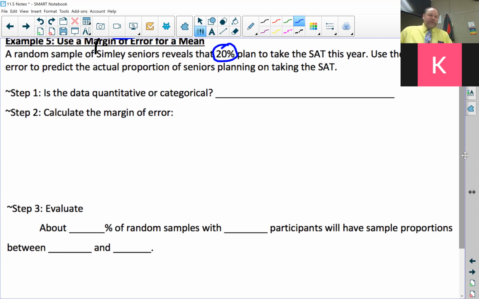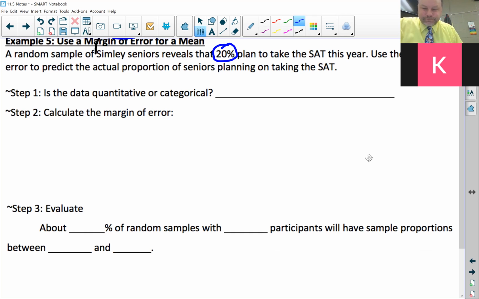So again, is this quantitative or categorical? Go ahead and chat either Q or C. Looking good.